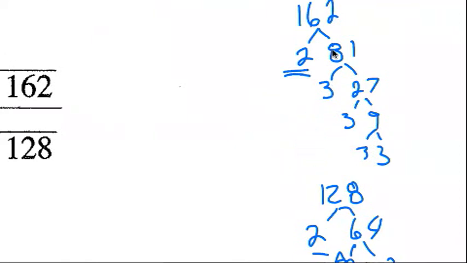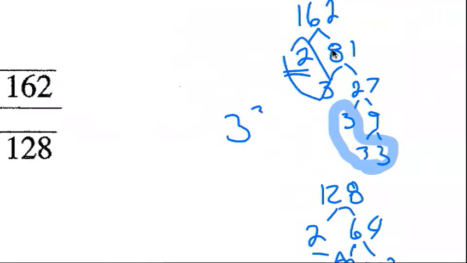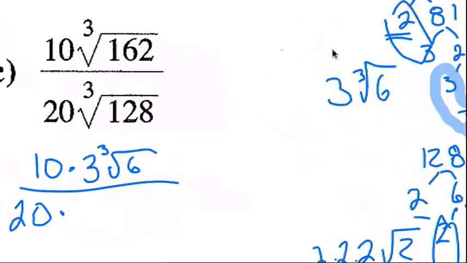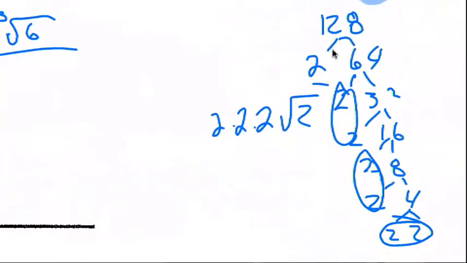But I'm looking for groups of 3. There's my group of 3. That will give me a 3 on the outside, and I'm left over with 6. Cube root 6. This is 10 times 3 times cube root 6. And then 128, again, looking for groups of 3.